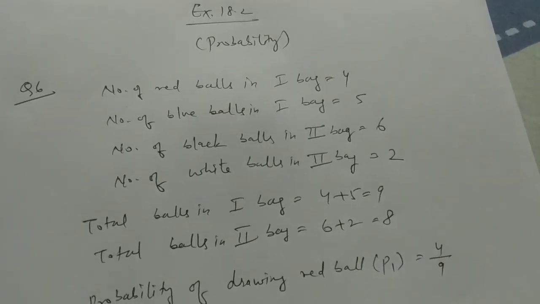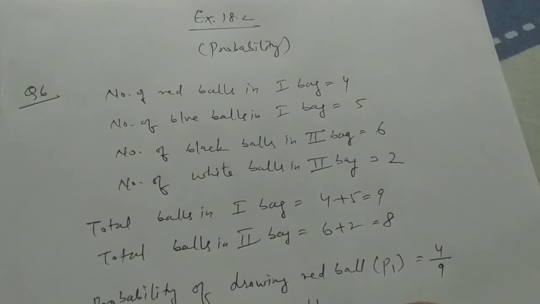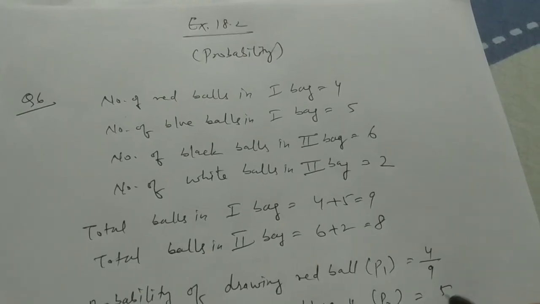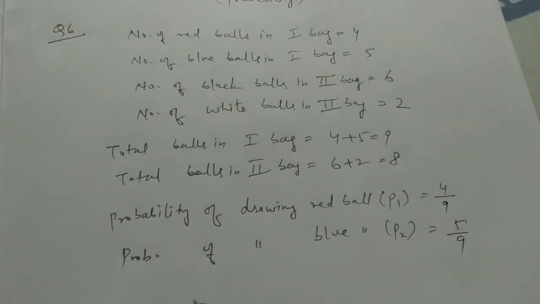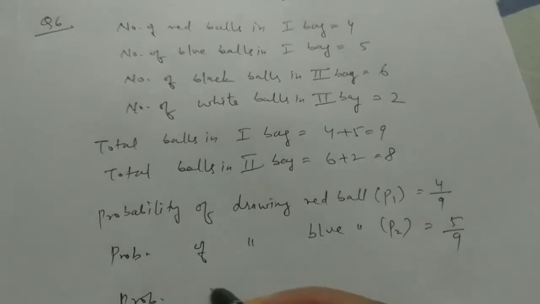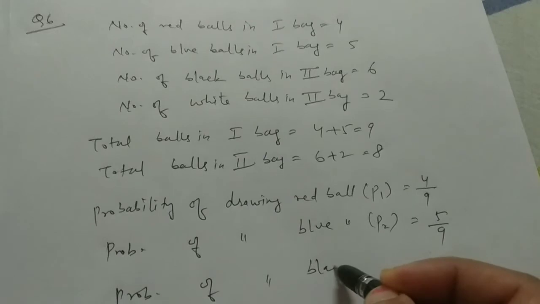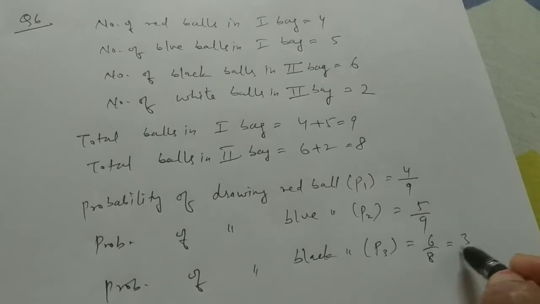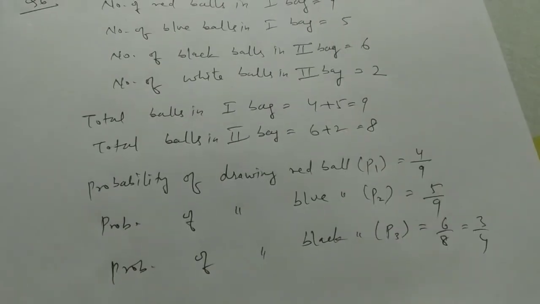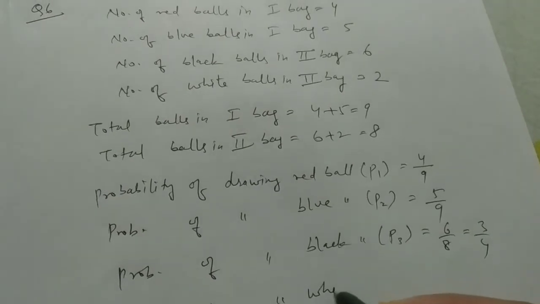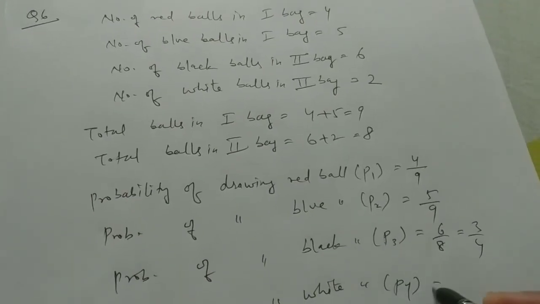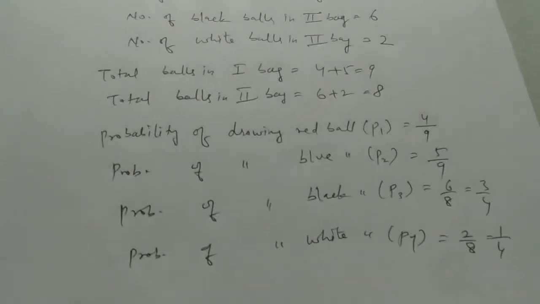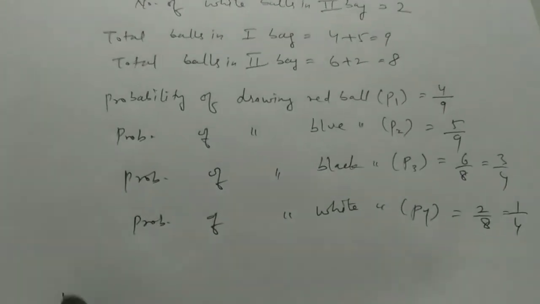Then probability of drawing blue ball means P2 would be 5 by 9. Then probability of drawing black balls P3 would be 6 by 8 means 3 by 4, and probability of drawing white ball means P4 would be 2 by 8 means 1 by 4. Now come to the solution now.